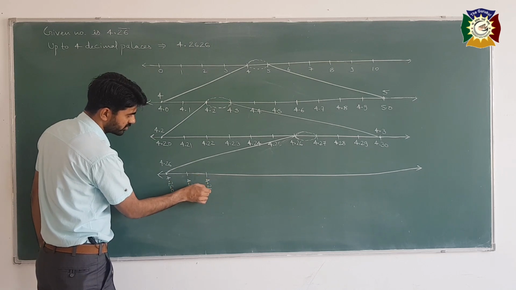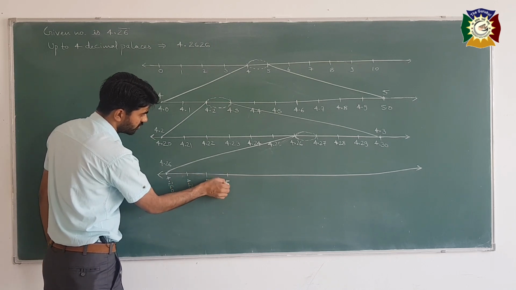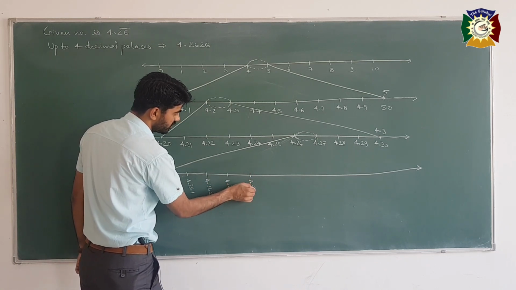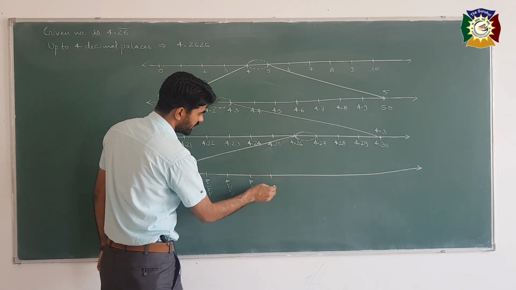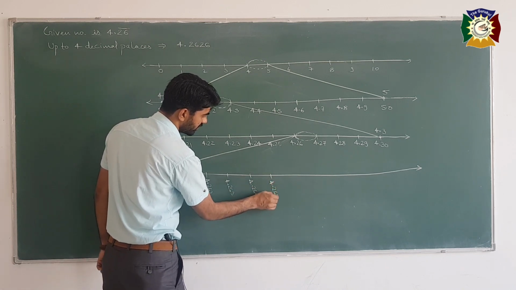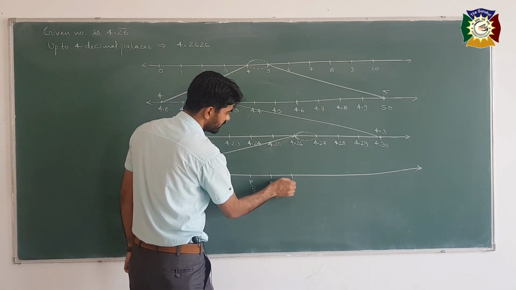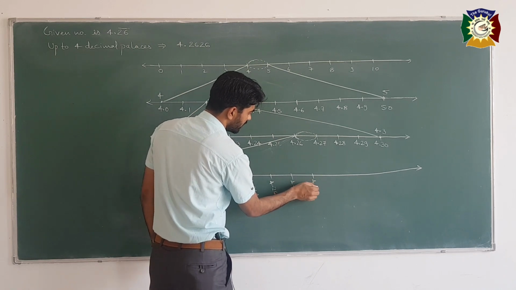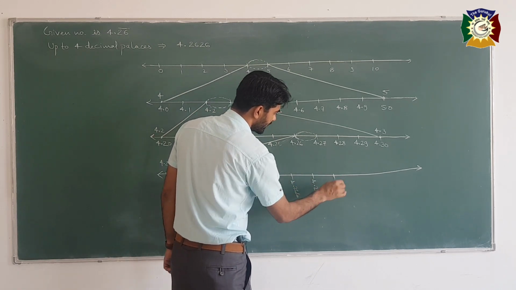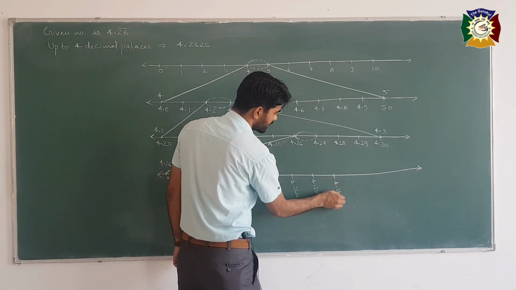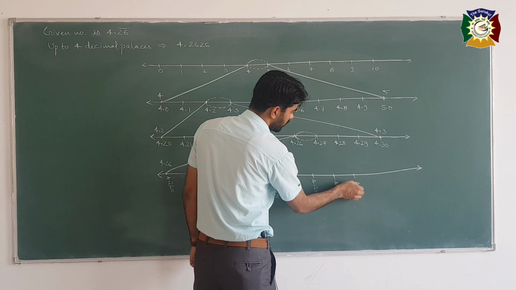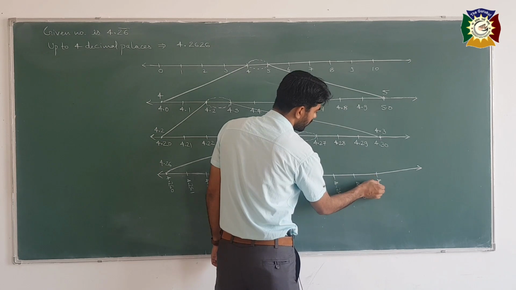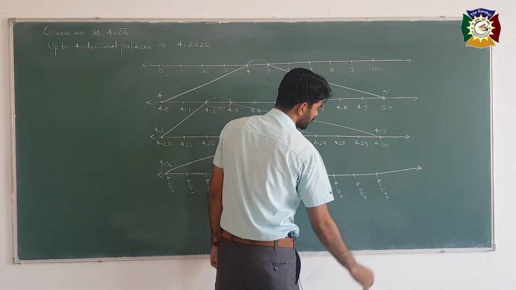Next 4.262, then 4.263, next 4.264, 4.265, 4.266, 4.267, 4.268, 4.269 and 4.270.